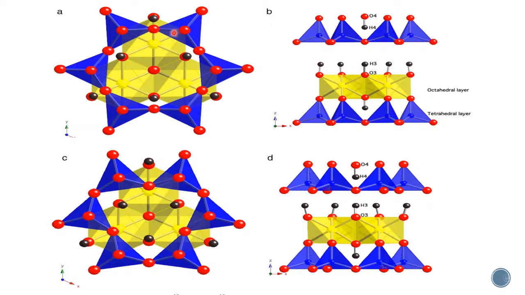Now these tetrahedra, all the pyramid shapes, are the silicon tetrahedra, and in the octahedral form in between them are the other atoms of magnesium, aluminium, maybe iron. So this is the layer of silicon, this is the layer of other elements, and this again is the layer of silicon. So they are stacked up, one on top of the other.